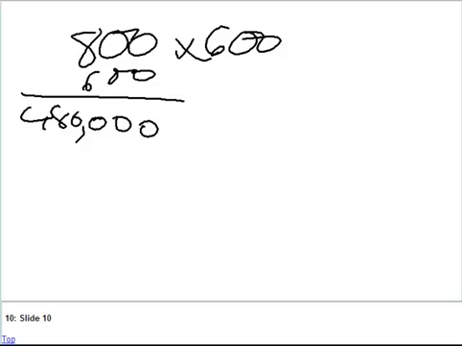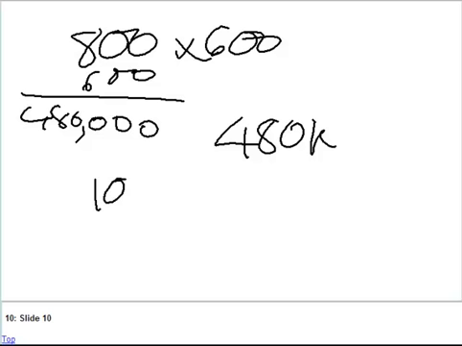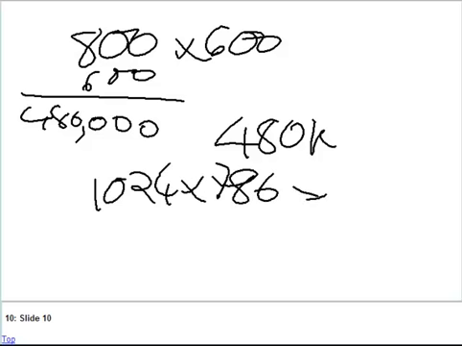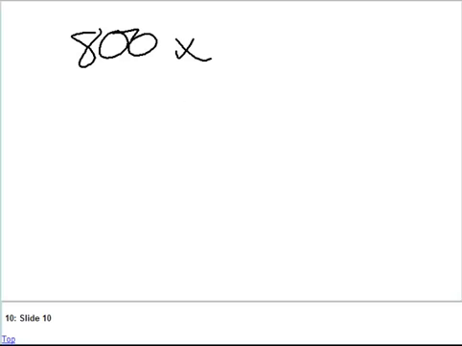So that is 480K for 800 by 600. And of course, on a much larger screen, 1024 times 768, that'll be much higher still, approximately 800K. So that's how much space we need.